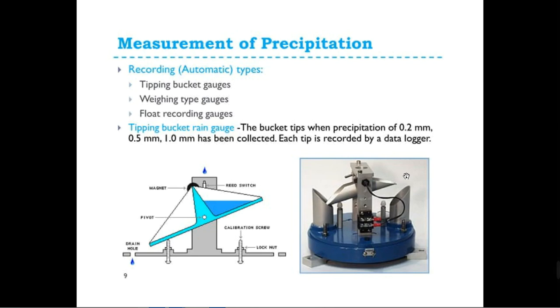The measurement of precipitation, recording or automatic type: tipping bucket gauges, weighing type gauges, float recording gauges. In a tipping bucket rain gauge, the bucket tips when precipitation of 0.2 millimeter, 0.5 millimeter, or 1 millimeter has been collected. Each tip is recorded by a data logger.